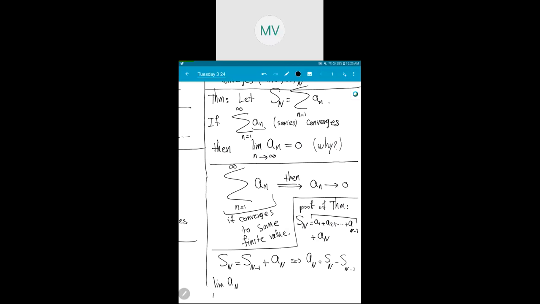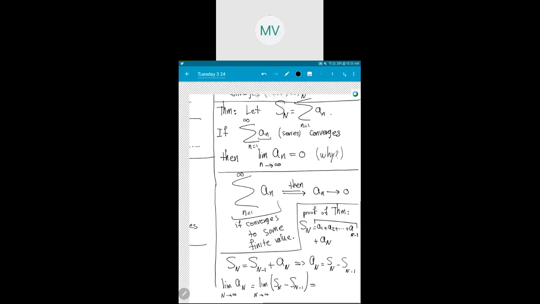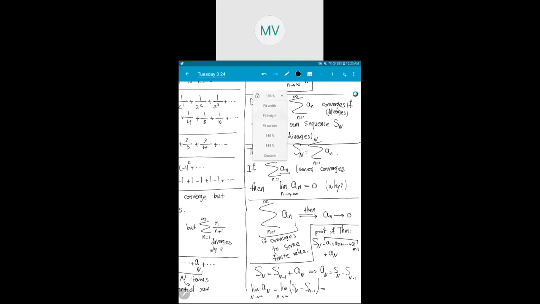So the limit of a sub n as n goes to infinity is equal to the limit of S sub n minus S sub n minus 1.